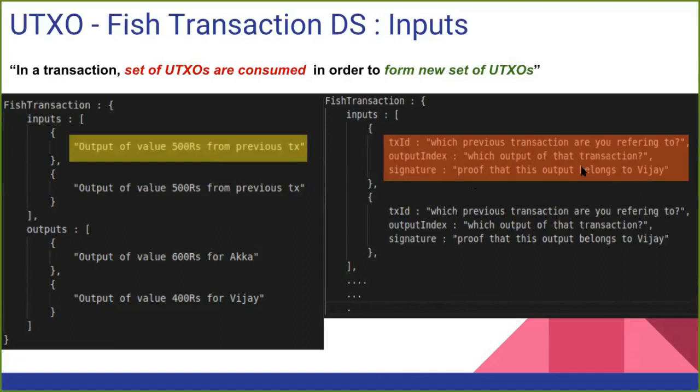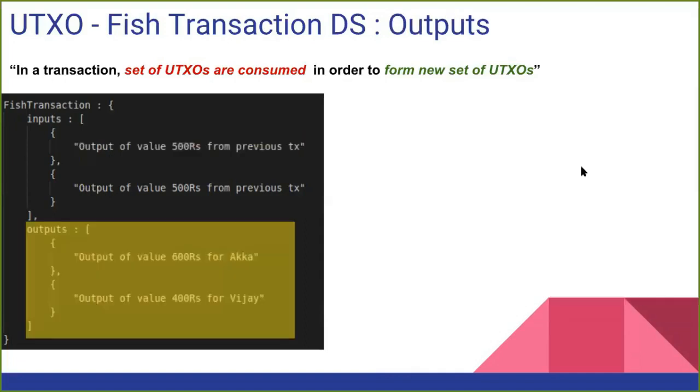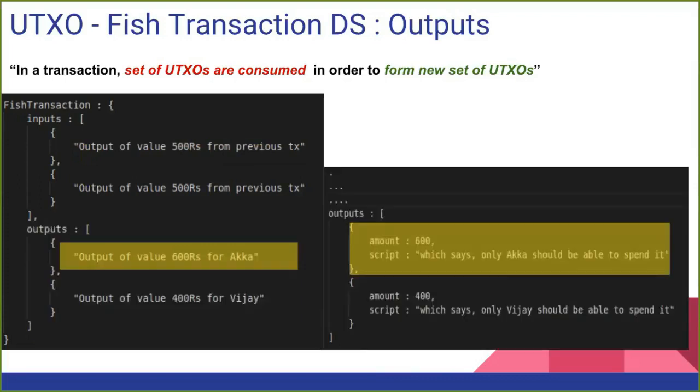Now let us look at the output of it. Let us try to design the output. So I'm saying that output of value 600 for Akka. The first property I can think of is amount, definitely, because the amount is there. But then see, Akka has to spend this output, right?